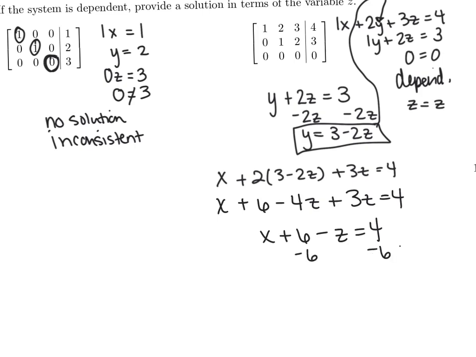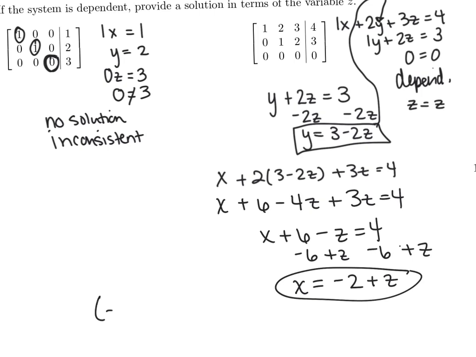So minus 6 and add z, so x is going to equal negative 2 plus z. And then we write this as an ordered triple: negative 2 plus z, comma, 3 minus 2z, comma, z. So whatever we put in for z, then we would substitute in. So there are multiple solutions on this, not just one.